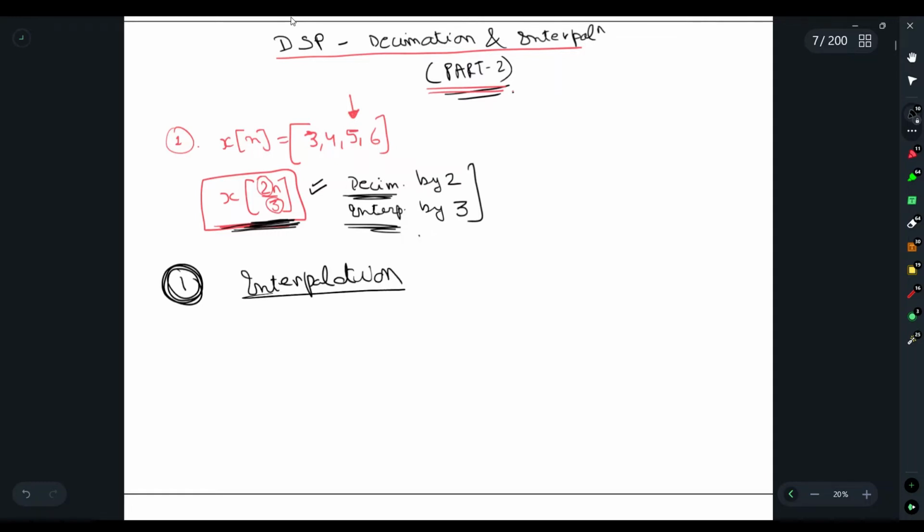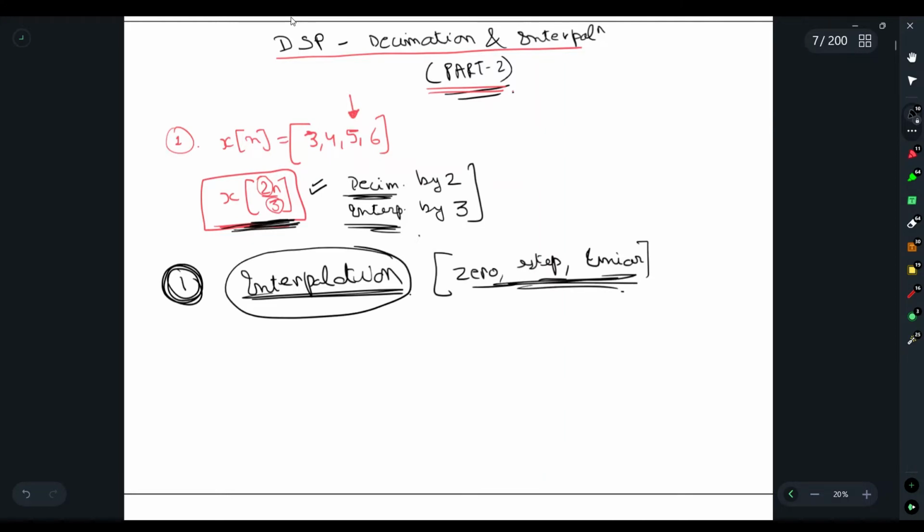Your first step should be to perform interpolation based on the question, whether it is zero interpolation, step interpolation or linear interpolation. This will be given in the question, but what you have to keep in mind is that you always start with interpolation, then go to decimation or whatever else.